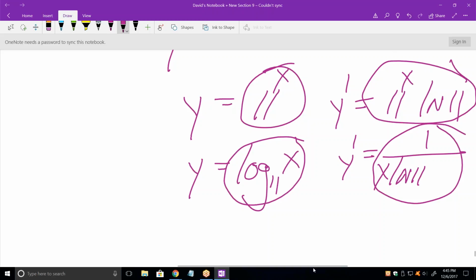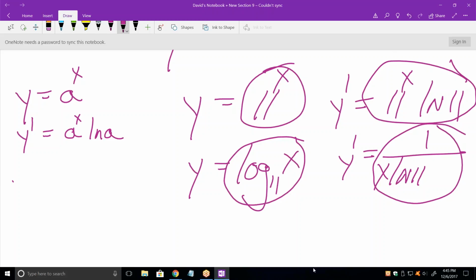In other words, if y is equal to some a to the x, then y prime is what? a to the x times ln a. Good.